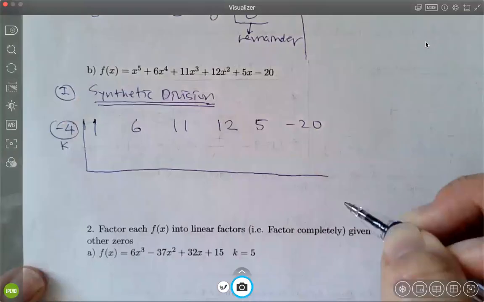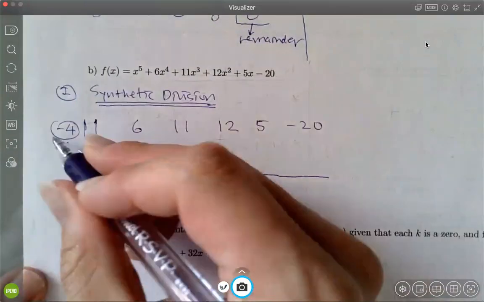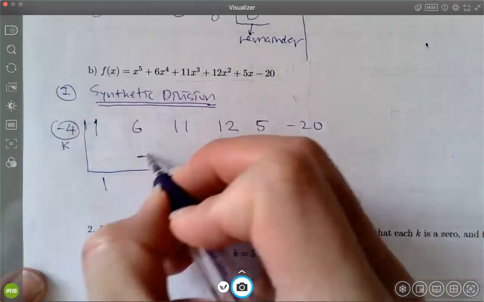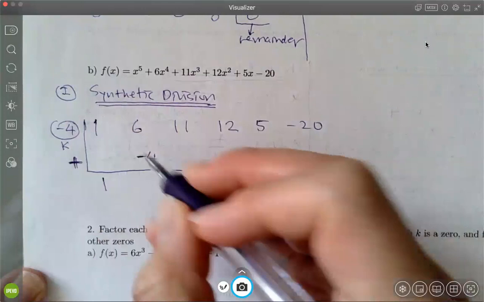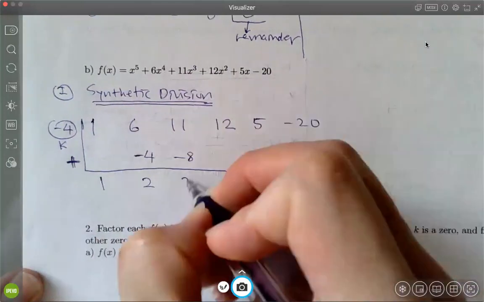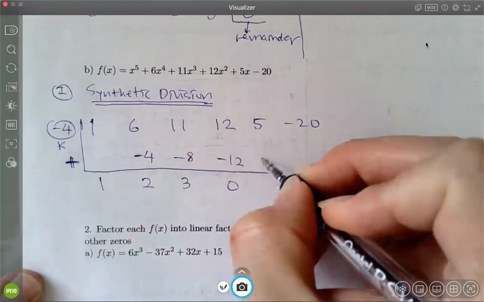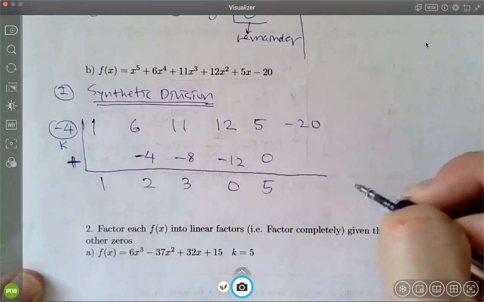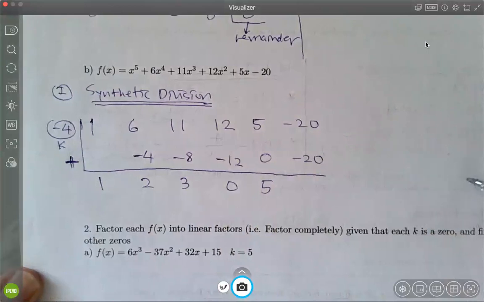Now do the division. Bring down the 1. Multiplication, so that's -4, and here's the addition outside. So 6 plus -4, that's 2, and then -8, and then 3, -12, and then 0, 0 once again, 5, -20. And now, -20 plus -20, so that's not a 0, remember?